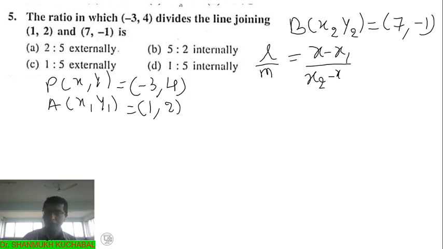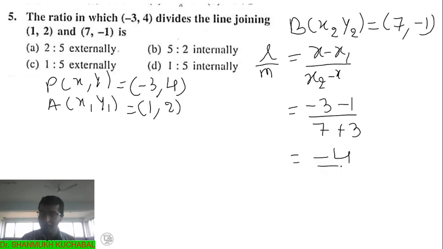Substituting, we get minus 3 minus 1, which is minus 4, divided by 7 plus 3, which is 10, or else minus 2 divided by 5.